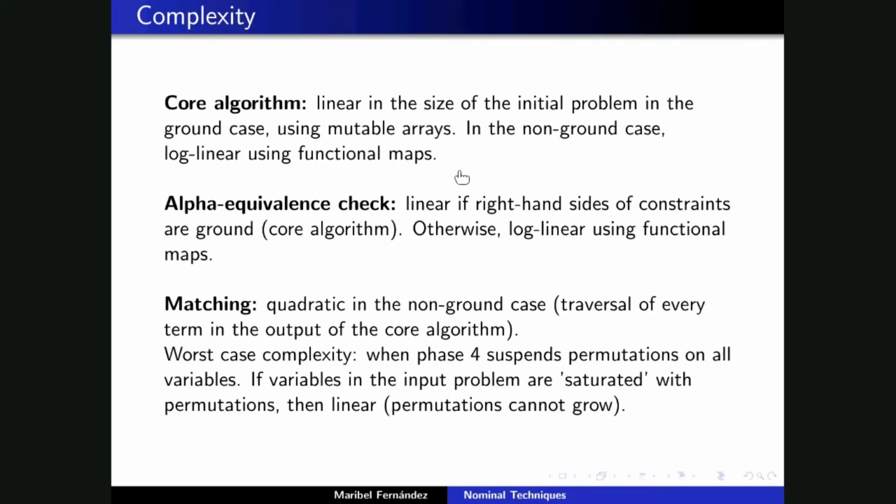And for that, we do this by using lazy permutations and checking lazily the freshness constraints, so waiting until we are at the leaves of the tree. But also we need to have a way of implementing efficiently the permutations. So we can do this, for example, using mutable arrays, if we are implementing this in a functional language like OCaml.